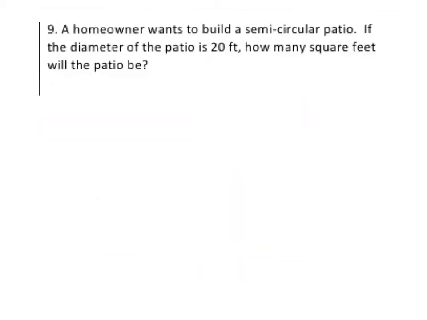Question 9 says a homeowner wants to build a semicircular patio. If the diameter of the patio is 20 feet, how many square feet will the patio be? Key word in this question is square feet. Square feet is the indication that we are doing an area problem. It's an area of a sector, just half of a circle.